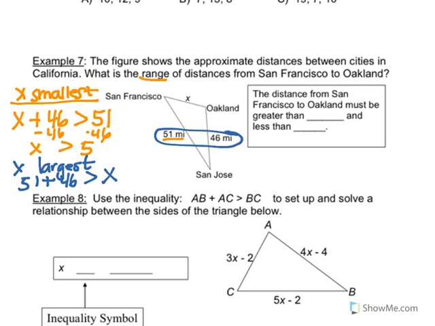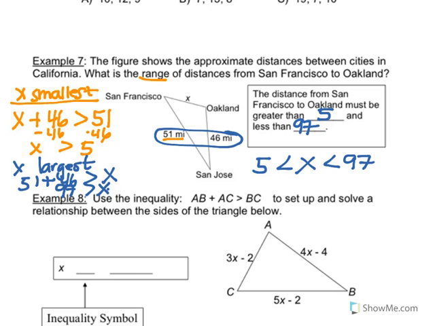So the sum of these two sides still has to be greater than that other side that's going to be the longest. So we add those up and we say 97 needs to be greater than x. So if we were to write that as an inequality, we would say 5 needs to be less than x, and x needs to be less than 97. So the distance from San Francisco to Oakland must be greater than 5 and less than 97.